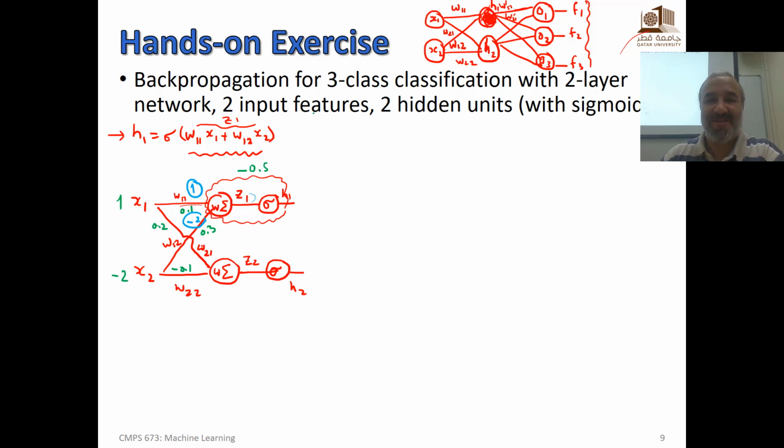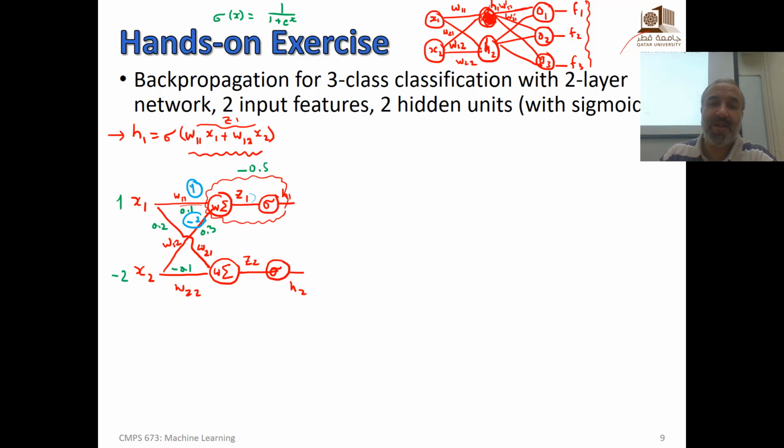The sigmoid of x is 1 over 1 plus e to the power x. It should be close to 0.5. 1 times 0.1 minus 2 times 0.3, that is, 0.3 times minus 2.